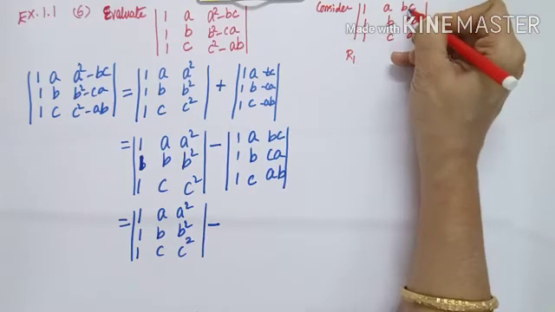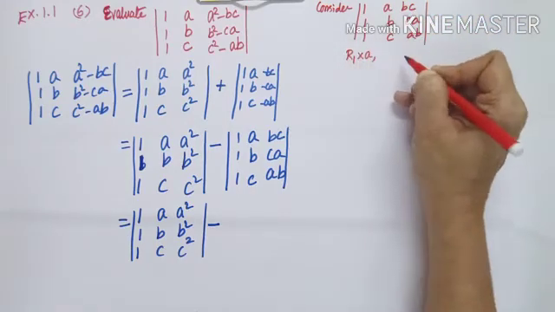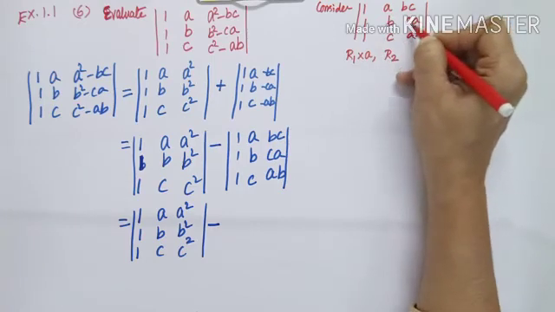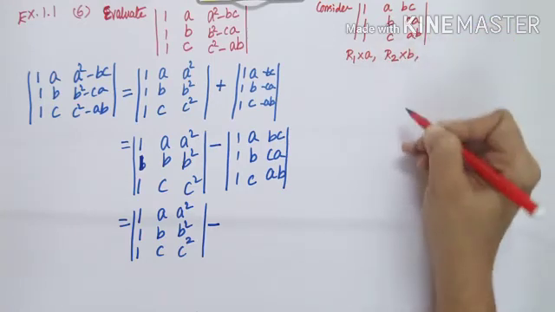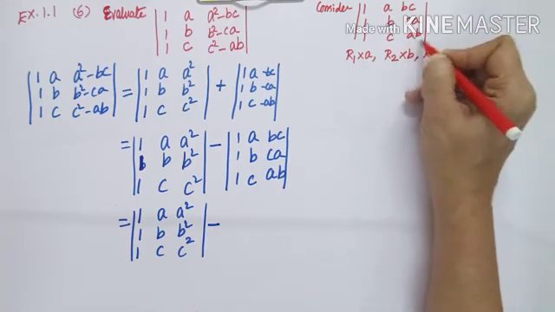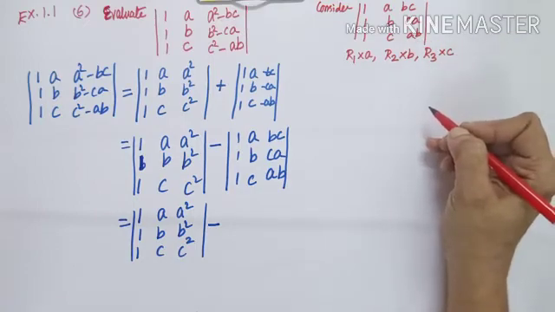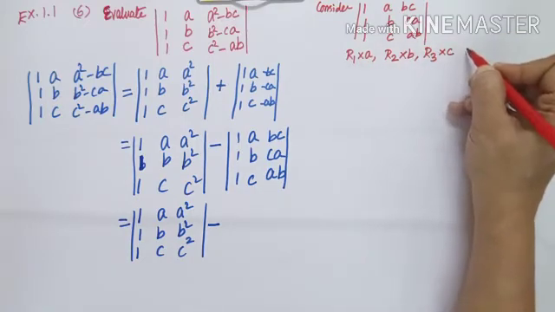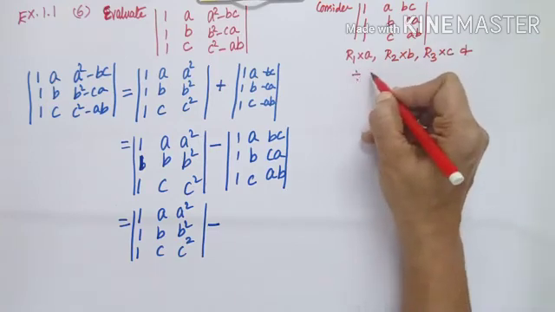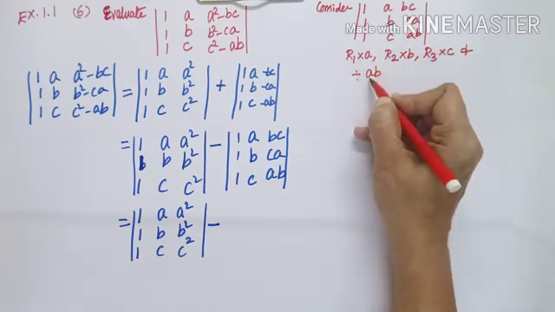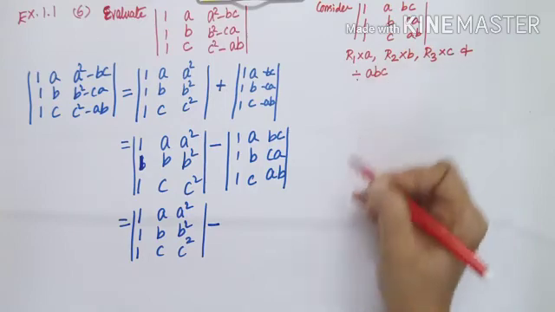Row 1, A is missing, multiply by A. Row 2, B is missing, multiply by B. Row 3, C is missing, multiply by C. Whenever I multiply, I should divide by that. So divide by A, divide by B, divide by C.